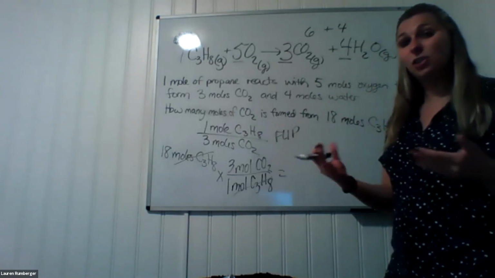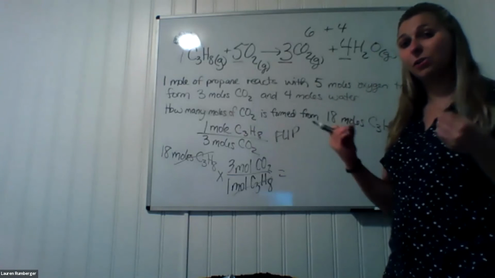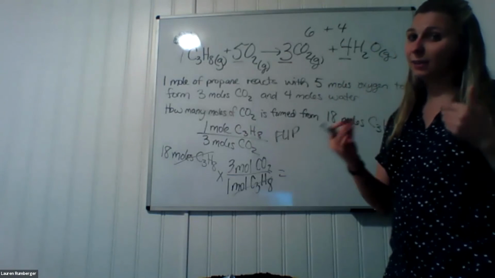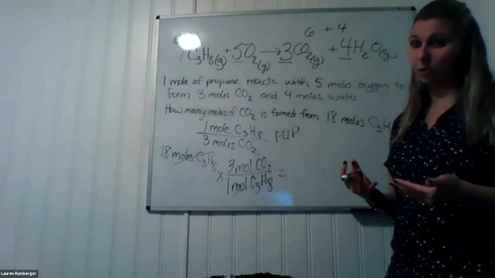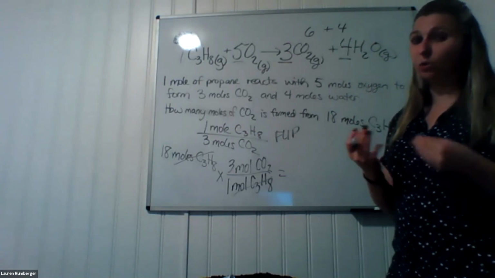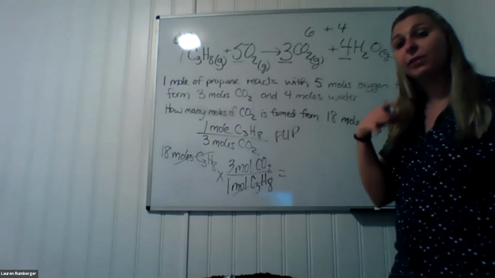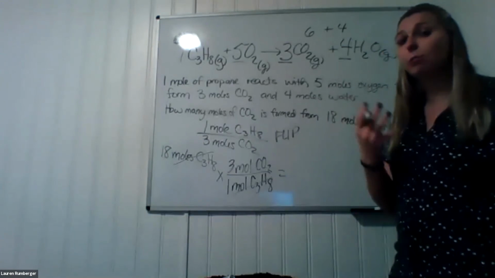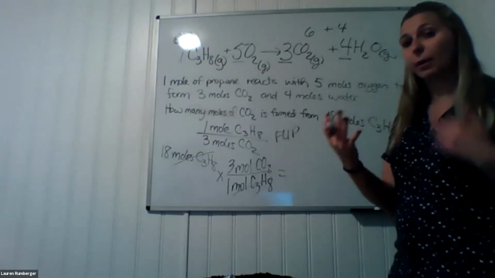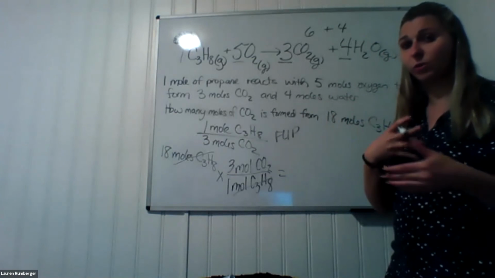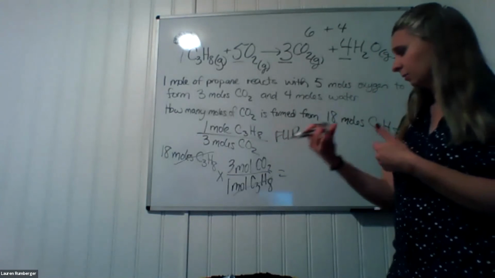Okay, so this is not just about numbers, it's about understanding what is happening within a chemical reaction and what amounts are being used. Okay, so remember, think of a chemical equation like a recipe. Okay, we're combining different amounts together in order to form a certain amount of products.